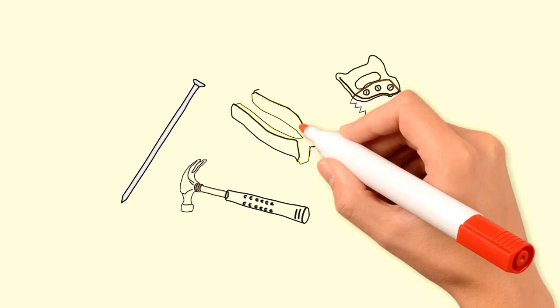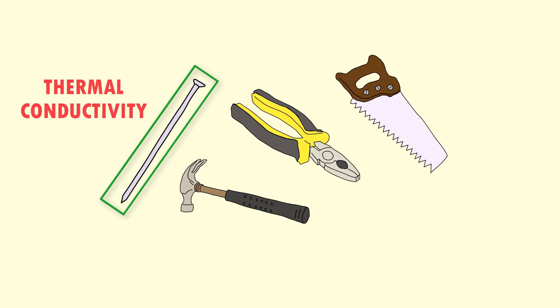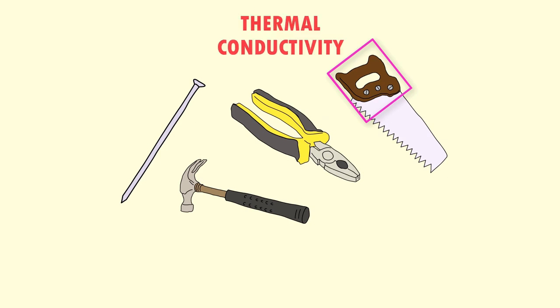Let's consider these objects. This object is made up of iron, so its thermal conductivity would be large, while the handle of this object is made up of plastic or wood, and plastic and wood are insulators. Hence, thermal conductivity or conduction would be minimum in them.